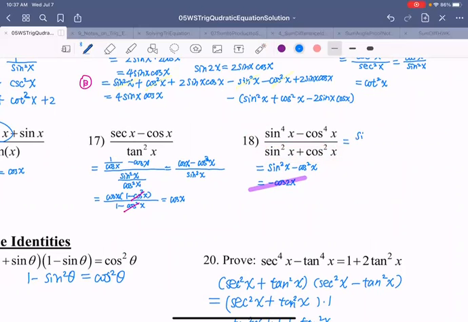So this is sine square x plus cosine square x times sine square x minus cosine.